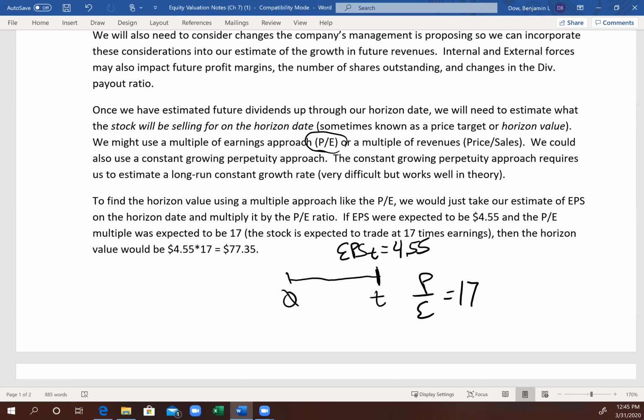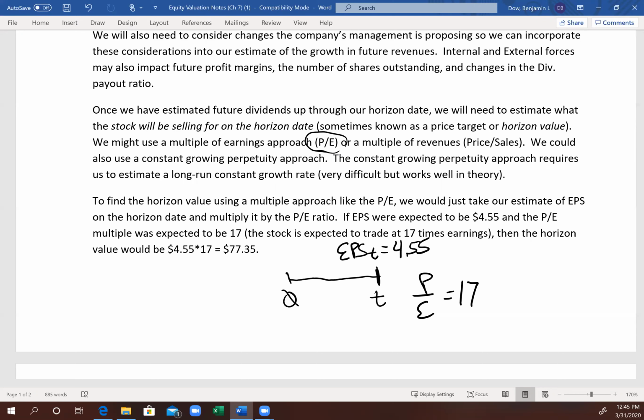That's why it's called a PE multiple. It's trading at 17 times earnings. So the price at time t is equal to 17 times $4.55, and we could come up with a horizon value of $77.35.